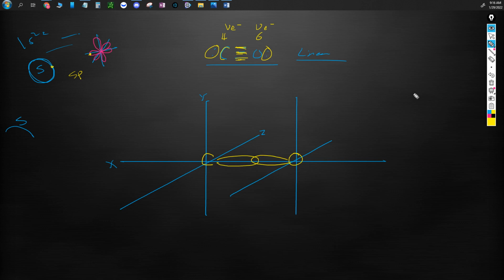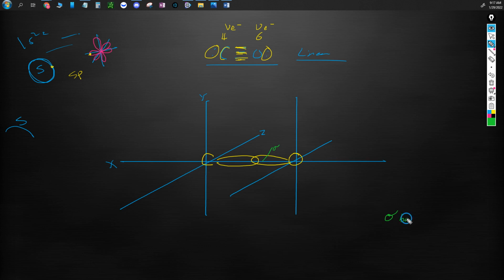Our first bond, no matter what, is always called a sigma bond. Sigma is a Greek letter, and it looks like this basically. Sigma bond.